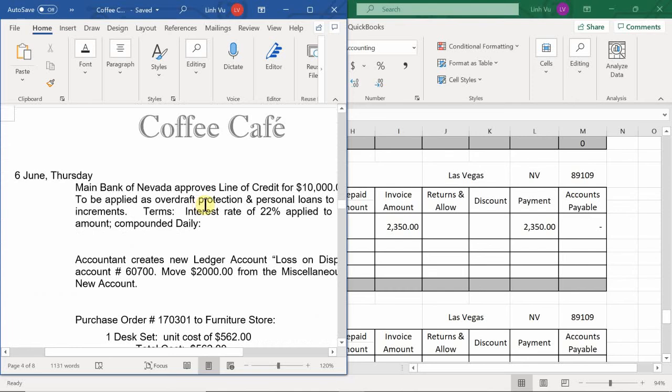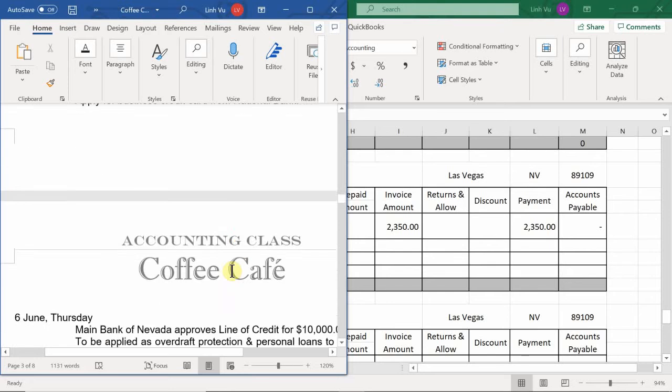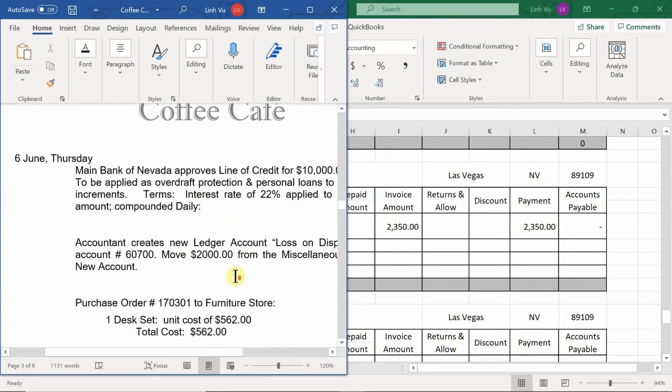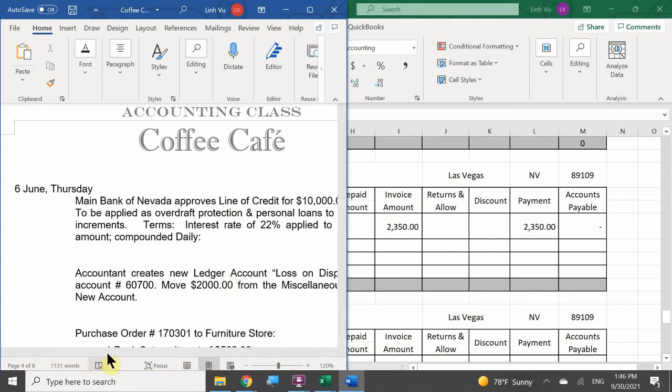So now we are finally on the next day. It is Thursday, June 6th. In this case, Main Bank of Nevada has approved the line of credit of $10,000.